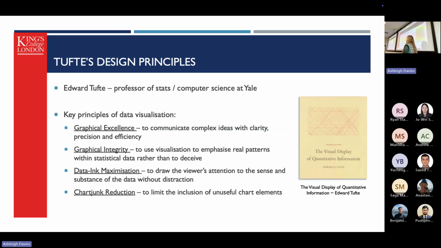The third point is a kind of legacy of hand drawing, but there's this idea of data ink maximization. So this reflects the idea that on the page of your plot, the majority of the ink, if you like, is contributing to useful data that is representing your point, as opposed to unnecessary elements outside it, for instance, grid lines, etc. And that links to the final point, which is this term that he coined, chart junk.